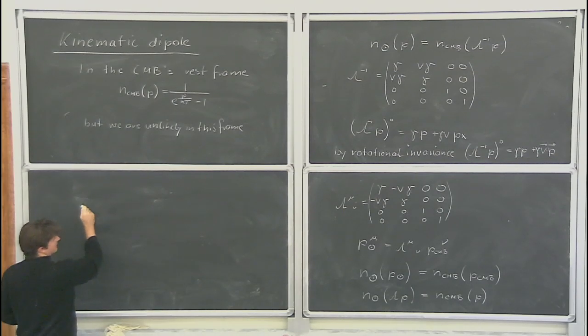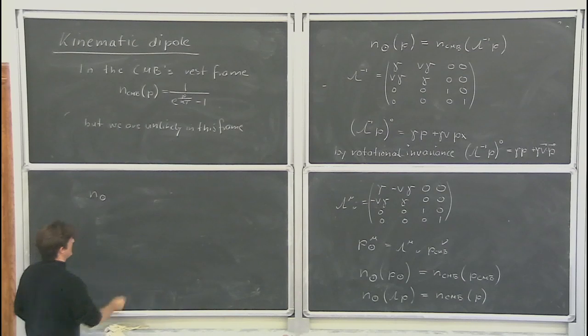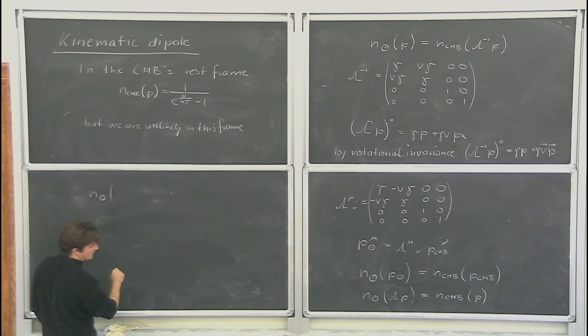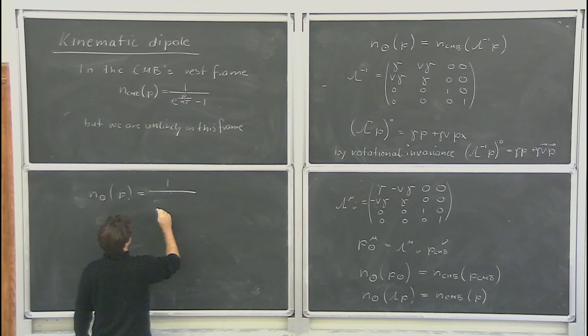We now find that the occupation number that's seen in the frame of the satellite, or the solar system, of momentum p is equal to 1 over e to the lambda inverse p0 (the thing we just computed) minus 1.